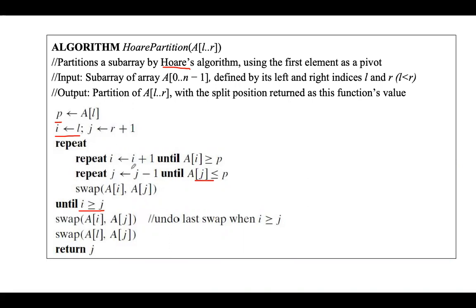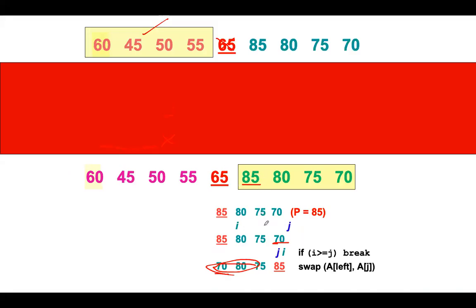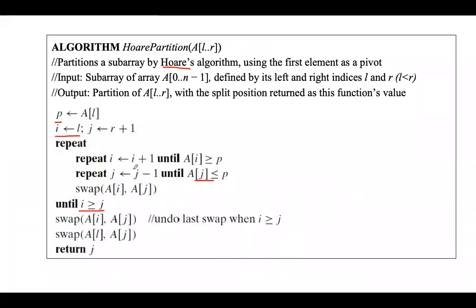That is, we'll stop incrementing I and we'll stop decrementing j. Until I is less than j, we continue.